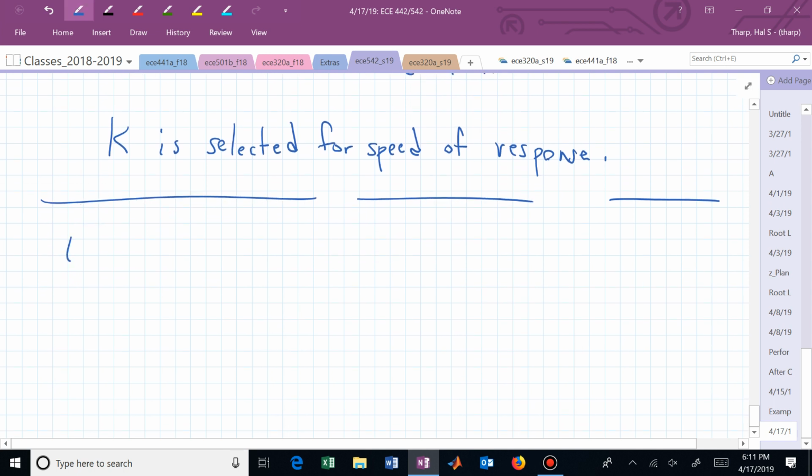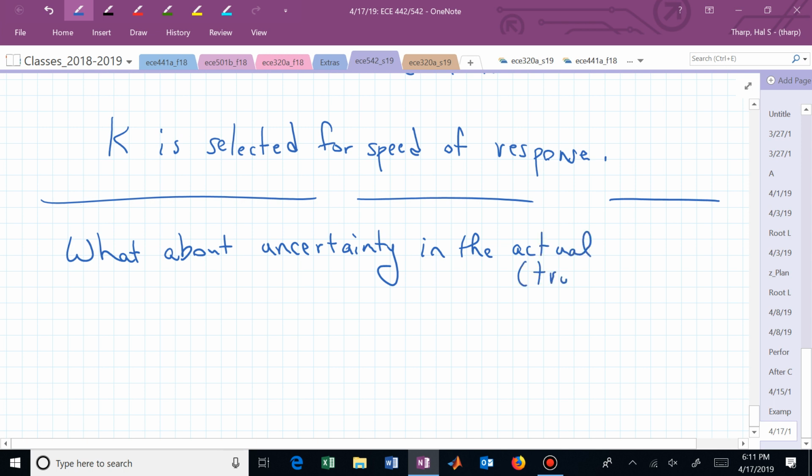Let's look at the question of uncertainty in the actual, or true, location of the pole.